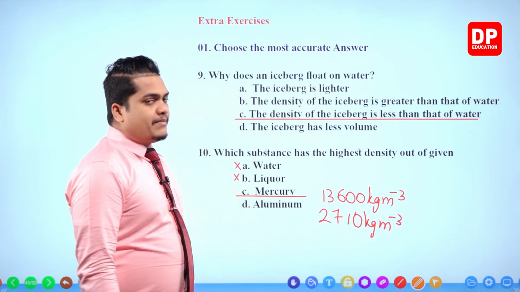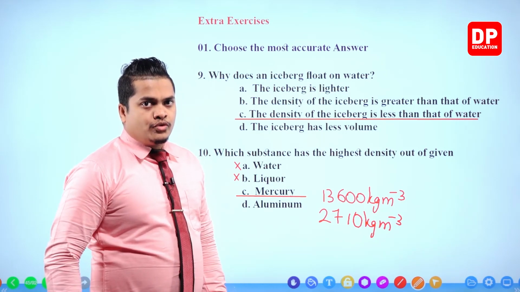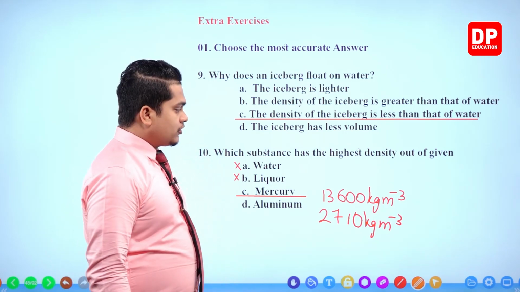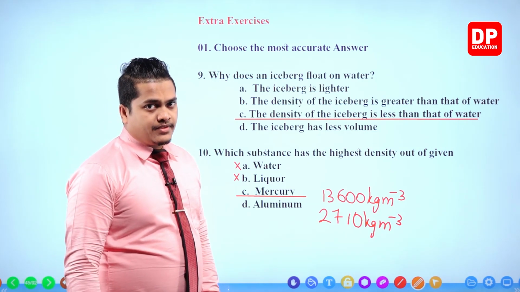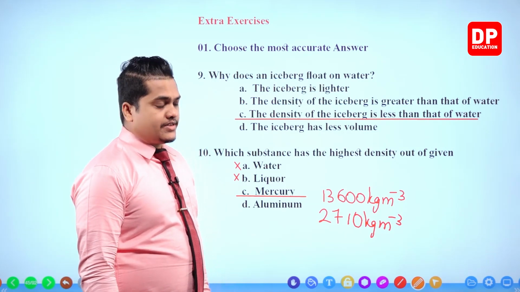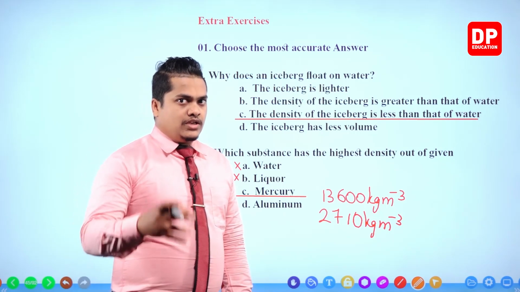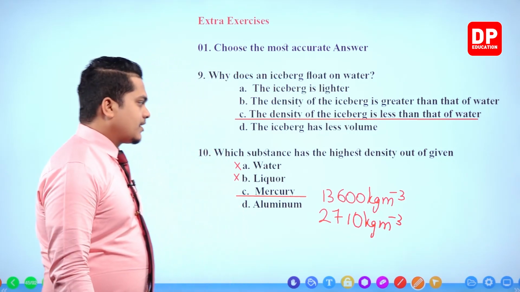Both of these things are metals. You know that mercury is a metal, right? But mercury has the highest density, even though it is in the liquid state. Okay, somewhat new thing to your knowledge then.